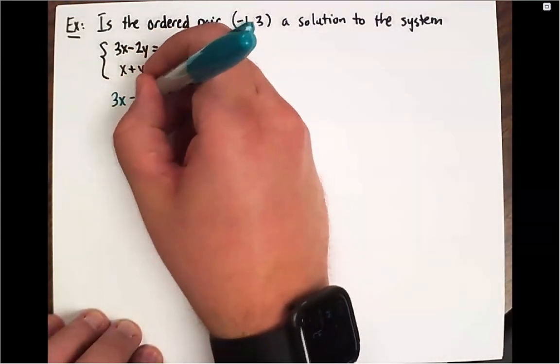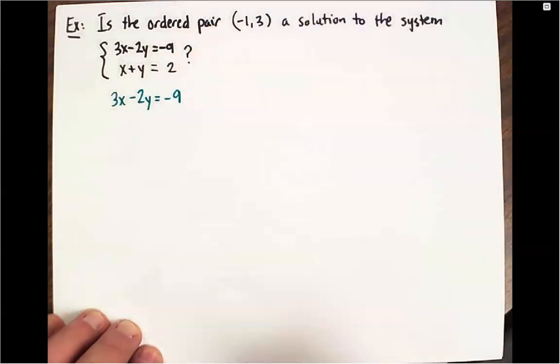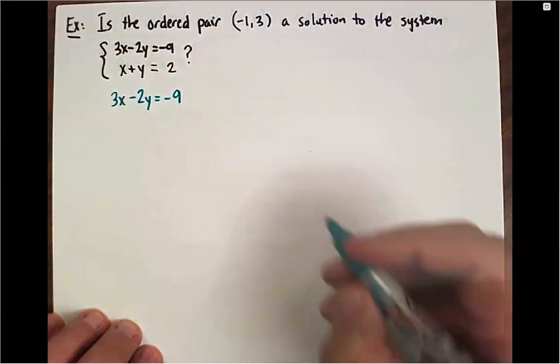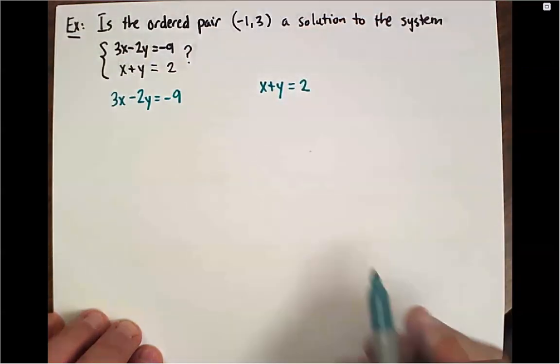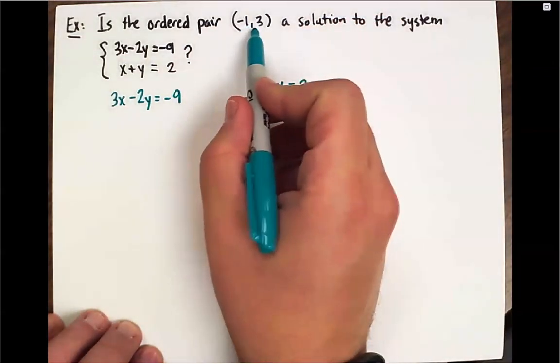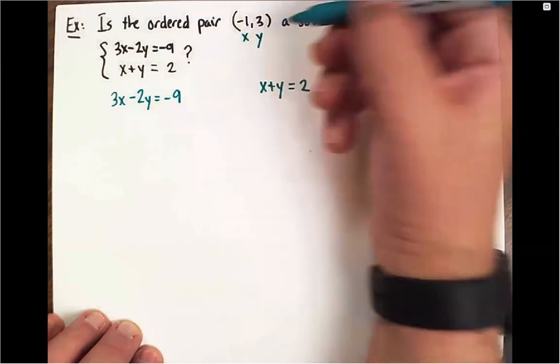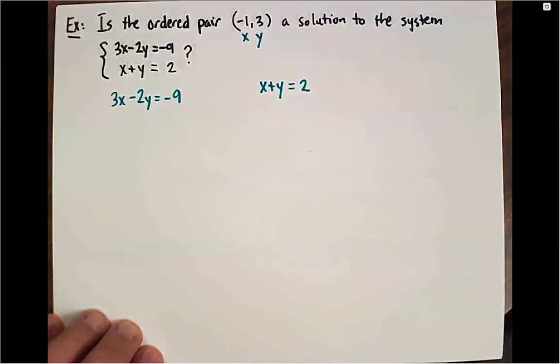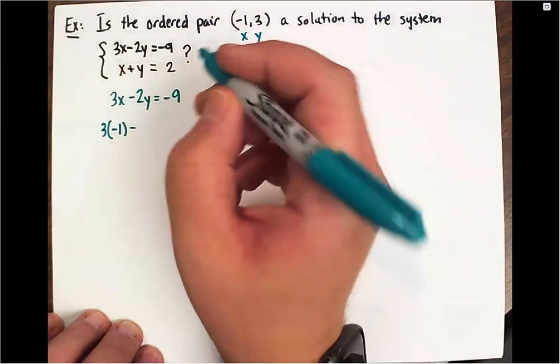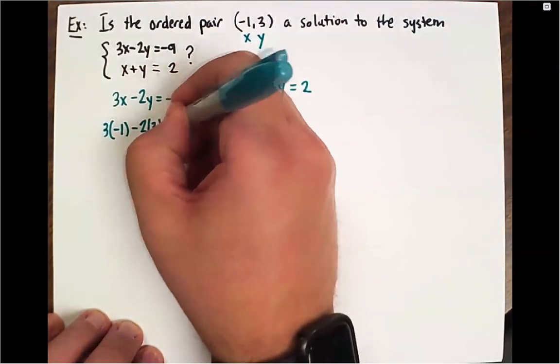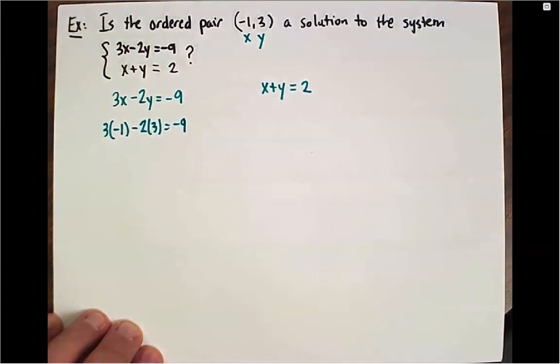So what I do is I take each one of these equations and I plug in negative 1 and 3. Negative 1 is x and 3 is y, because it's an ordered pair. So does 3 times negative 1 minus 2 times 3 equal negative 9?